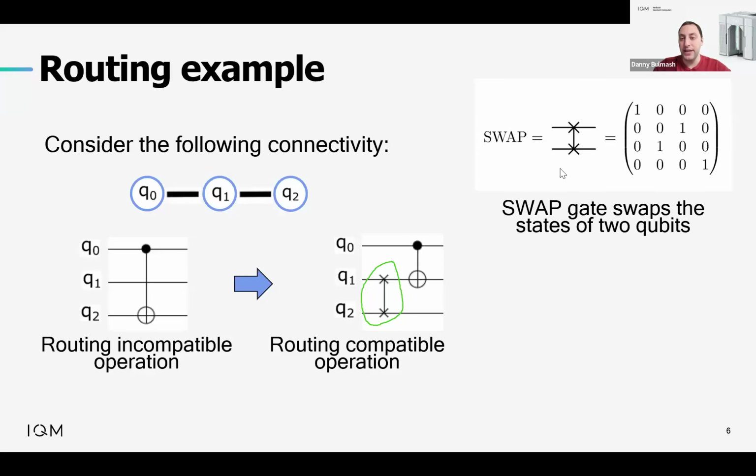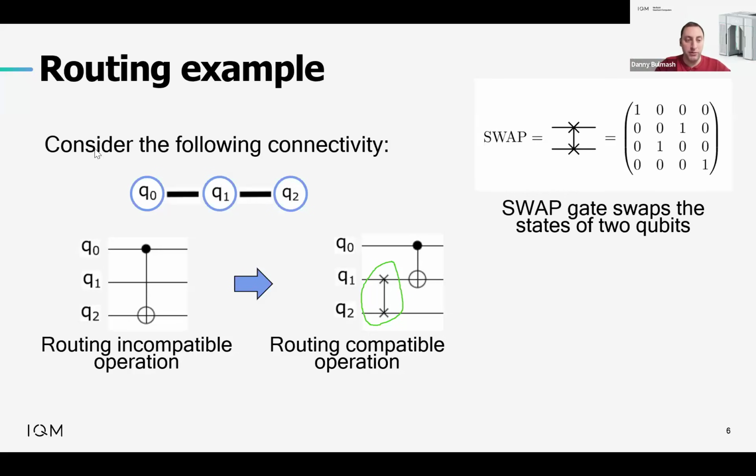Basically what it does is it takes the state 1, 0 and switches it with the state 0, 1. So it swaps the roles of the 2 qubits. It basically says that whatever state I had on qubit 1 gets turned into the state of qubit 2, and whatever state I had on qubit 2 gets turned into the state of qubit 1.